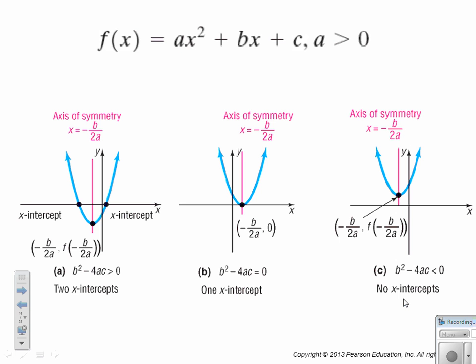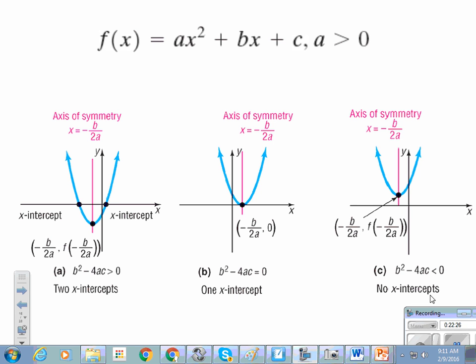With two x-intercepts, it opens up with a vertex below the x-axis. If the vertex is on the x-axis, you have one x-intercept, and if it's above the x-axis, you have none. Go ahead and do a sketch next to each of the discriminants you just wrote down.